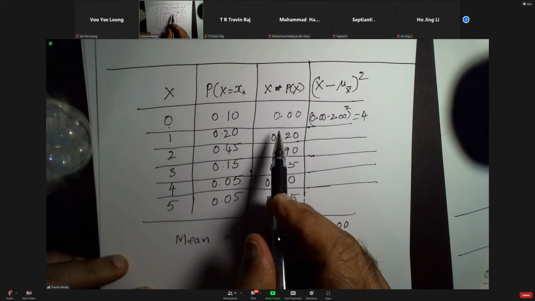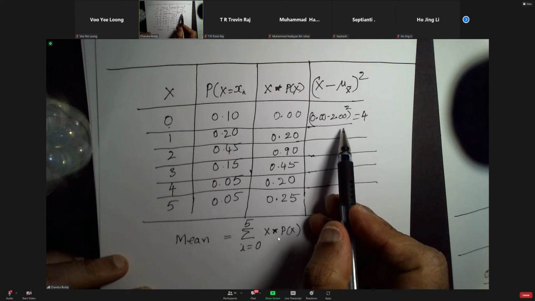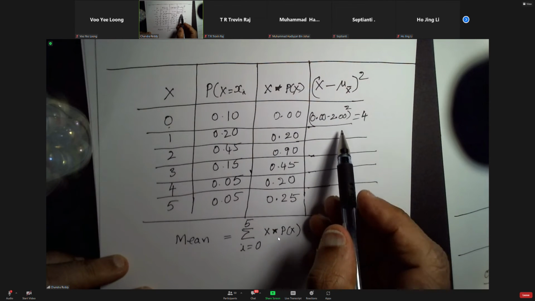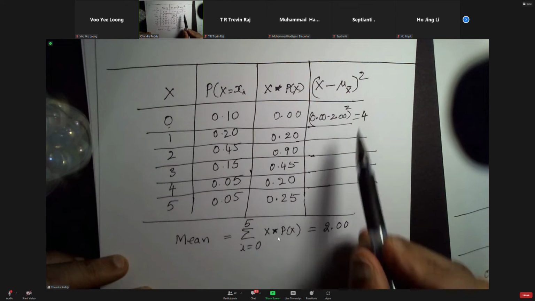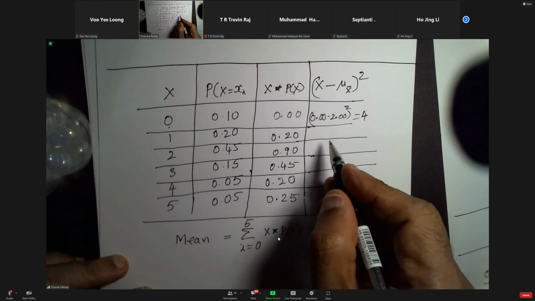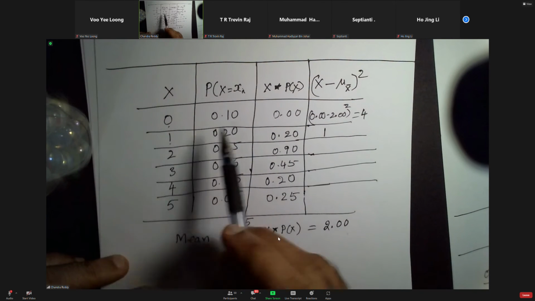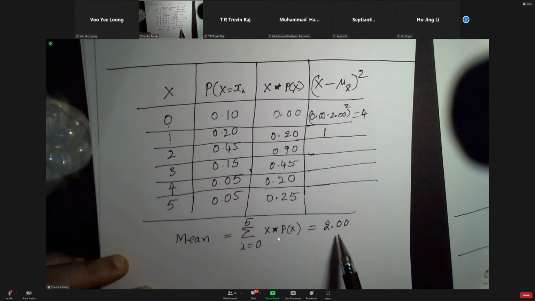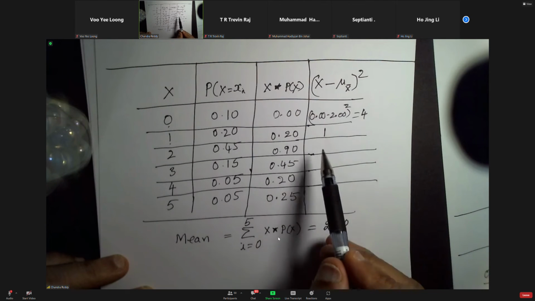So the next one, x is 1, mean is 2. So 1 minus 2 is minus 1, and the square is 1.